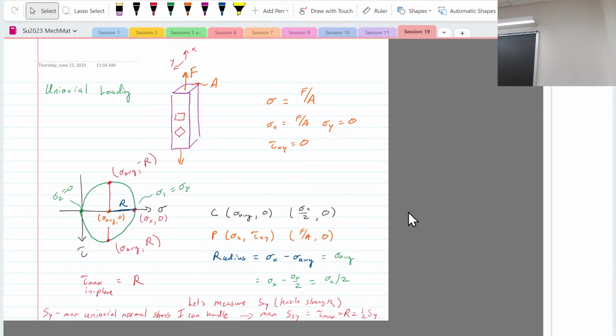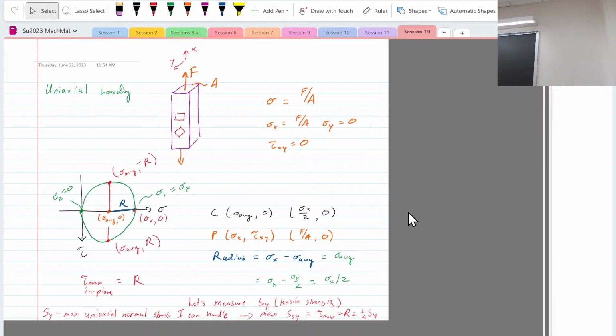But if you know what the sigma value is here, then you can figure out the sigma value that corresponds to about there minus the average. So cosine of theta will be equal to this sigma minus sigma average divided by r. And then that divided by 2 again, because that's the 2 theta, sorry, yes, that's absolutely right. Good question.